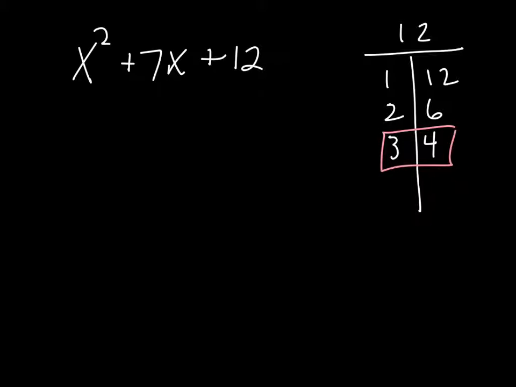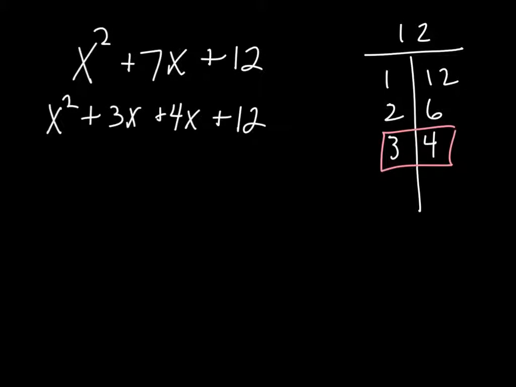My factors of 12, 3 and 4, when added together, will give us the 7 that we're looking for. So without changing the value of the expression, since we don't have an equal sign, let's go ahead and use our factor by grouping techniques. We just change our 7x into 3x and 4x. Now we can group these and factor our greatest common factors out.